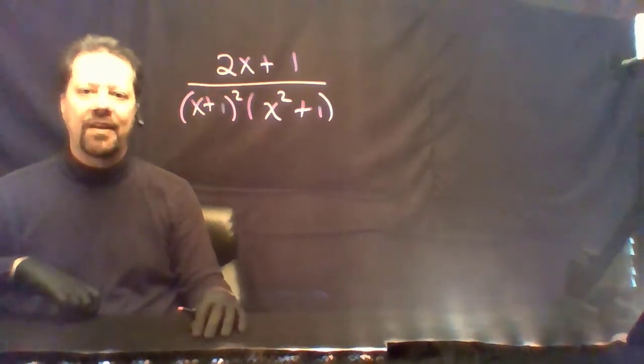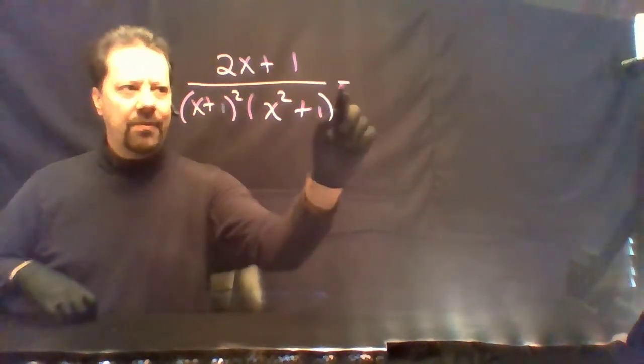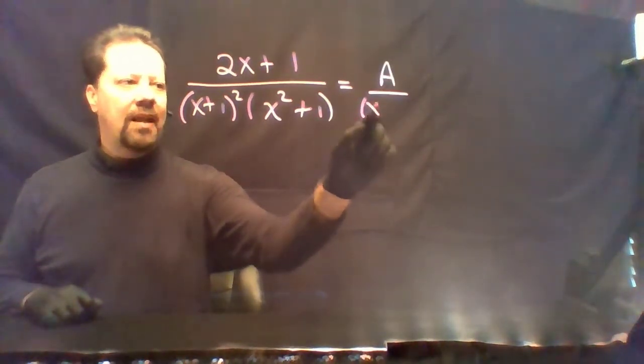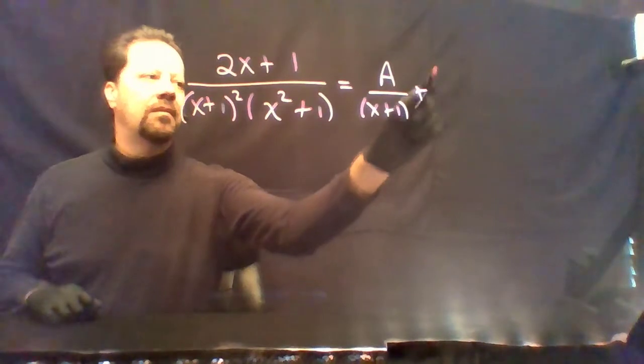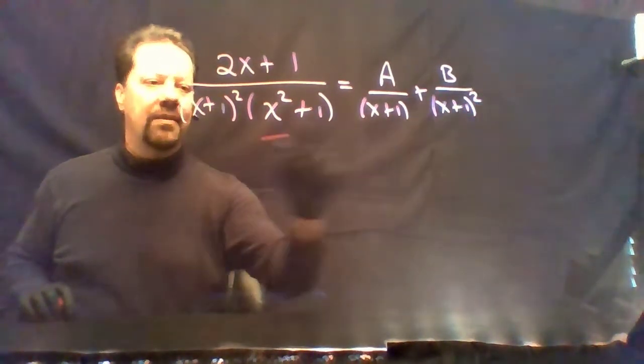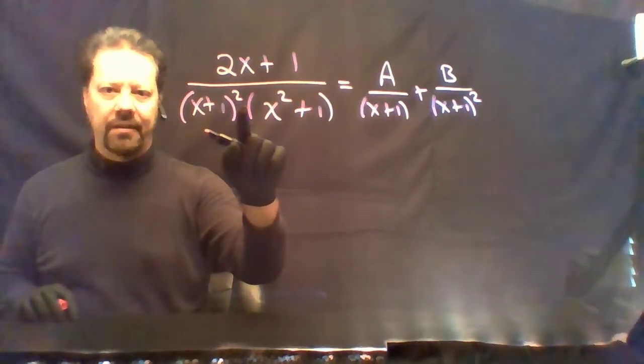We just want to find the partial fraction decomposition. So we're first going to rewrite this as a over x plus 1 plus b over x plus 1 squared. You have to start at 1 and go to whatever power appears here.